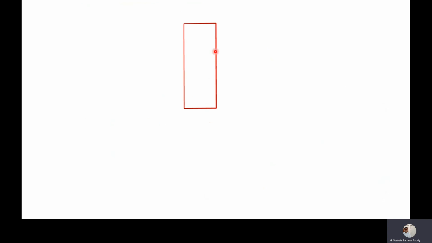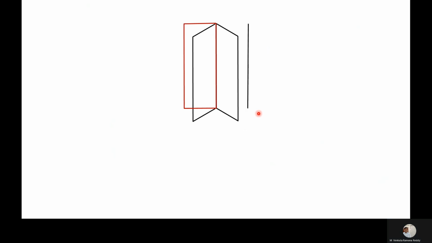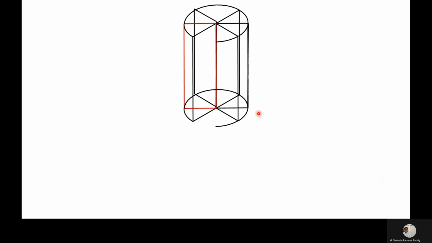It's a rectangle and this edge is fixed and we rotate the remaining plane surface. That is, by fixing one of the rectangle's edges and rotating the remaining plane surface, the generated solid is called cylinder.